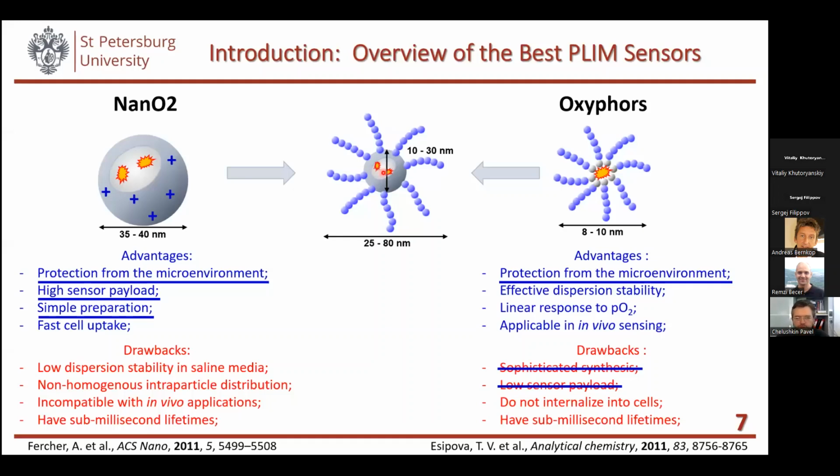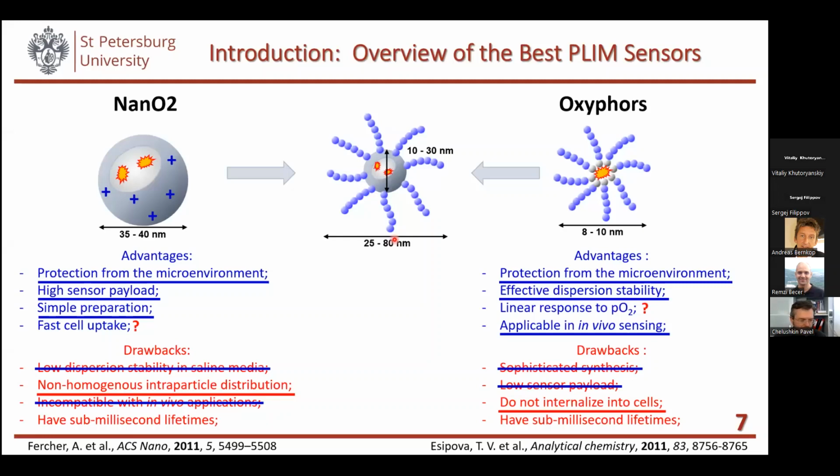And also we will have much more effective dispersion stability due to the PEG shell, and applicability for in vivo sensing. But two questions still remain. The first one is regarding the cell uptake, and the non-homogeneity and linearity of Stern-Volmer plots.